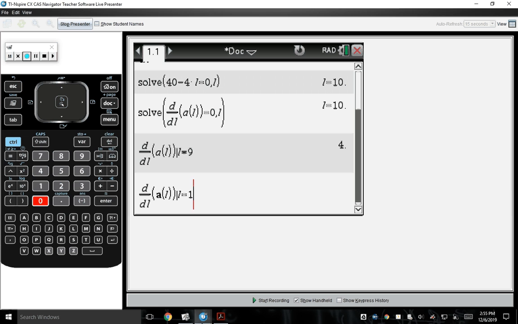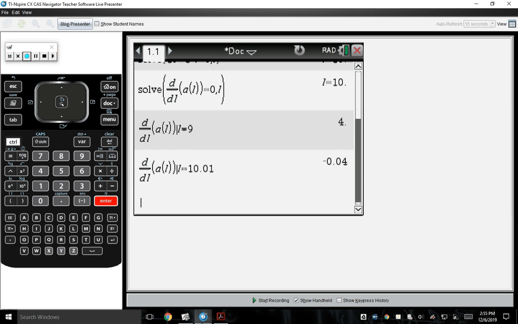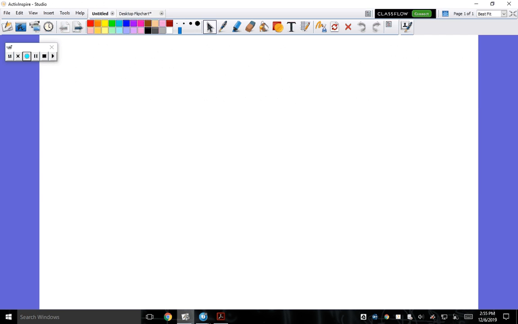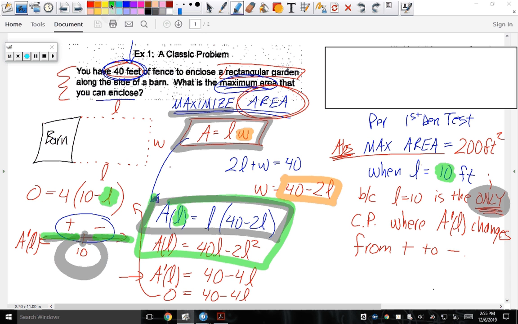It could even be 10.01. You see that it's negative. So what we just did is that we verified with the calculator the signs that we got right here and right here, which told us there's a possible absolute max, because we know it's a relative because of first derivative test. You with me? Okay.